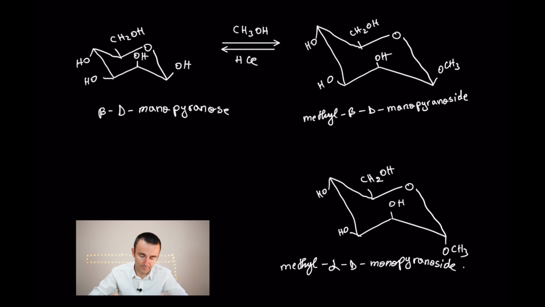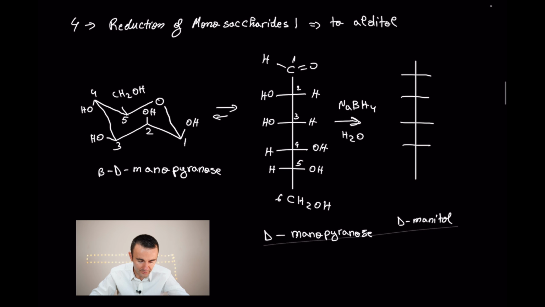Right? Let's move further. Reduction of monosaccharides to alditols. What is going to happen here? For example, with beta-D-mannopyranose, part of this equilibrium is going to be reduced and the equilibrium is going to shift to the right until the entire sugar is reduced. How do we reduce that?